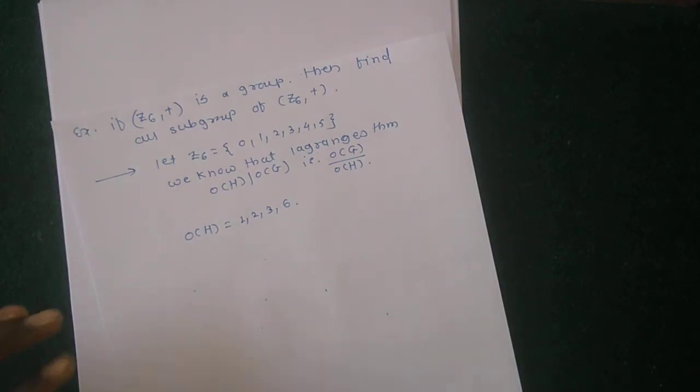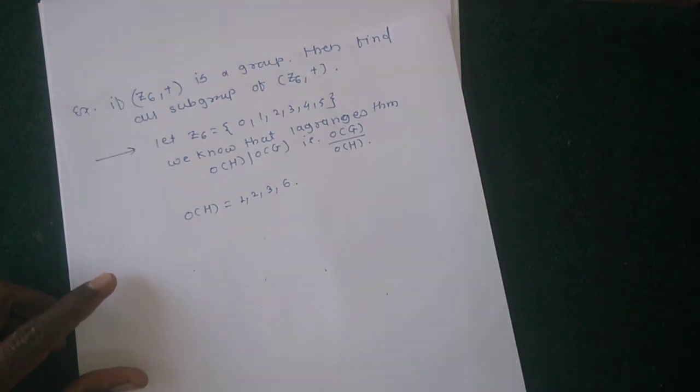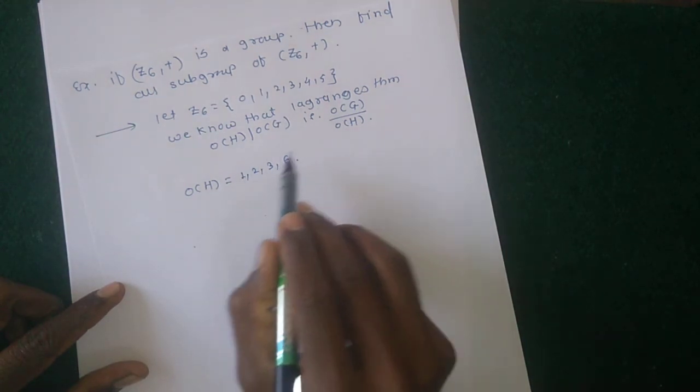So the order of H divides 1, 2, 3 and 6. These are all the divisors of 6.